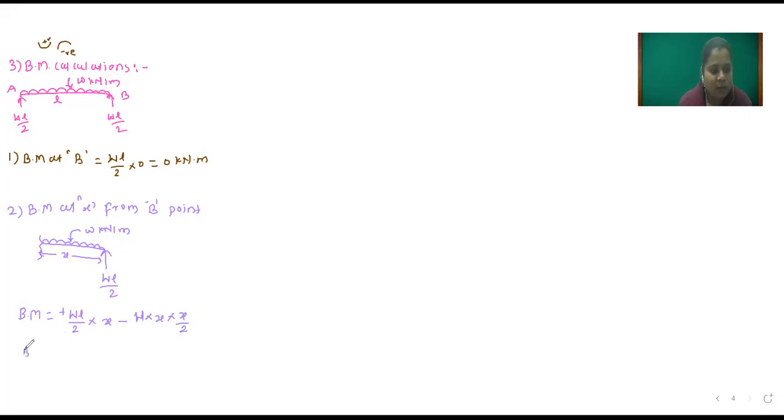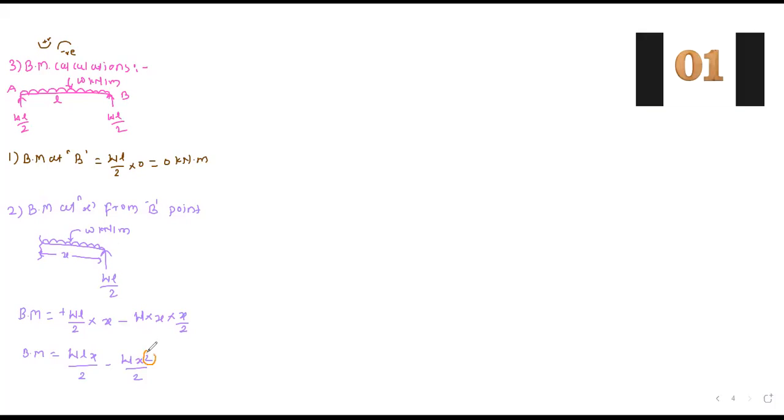So bending moment is equal to WLx divided by 2 minus Wx square by 2. So you observe here, x is raised to the power of how much? X is raised to power 2.